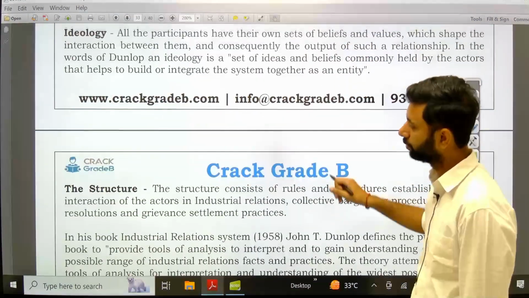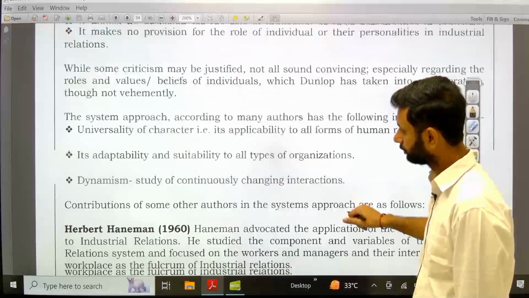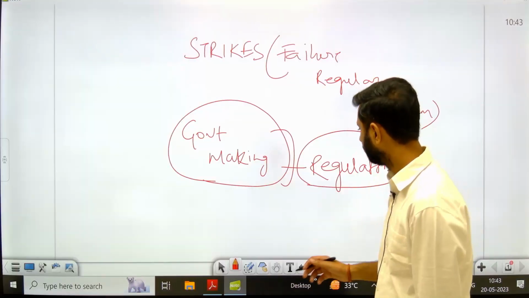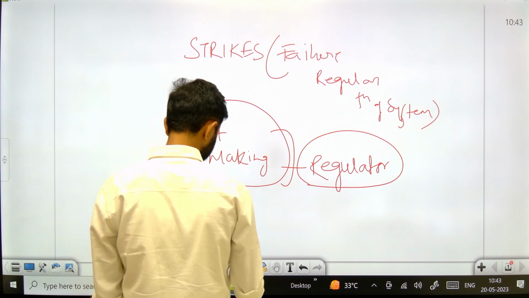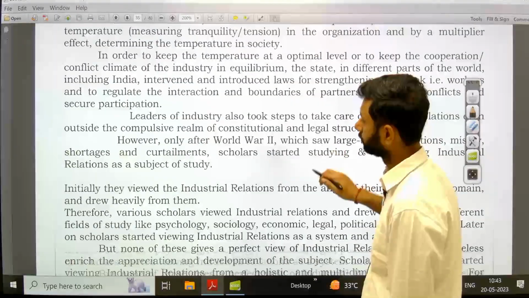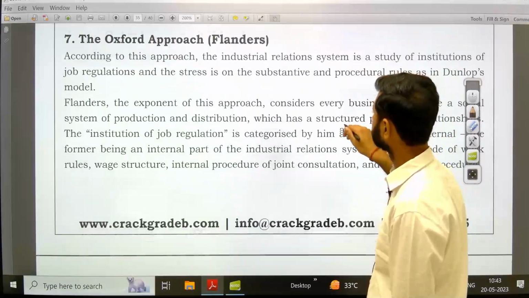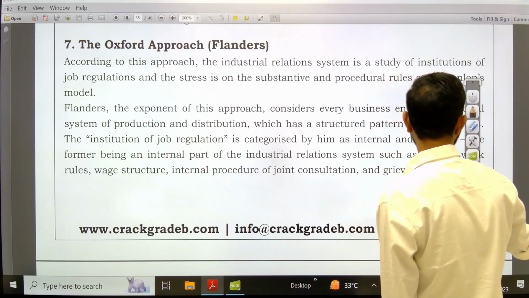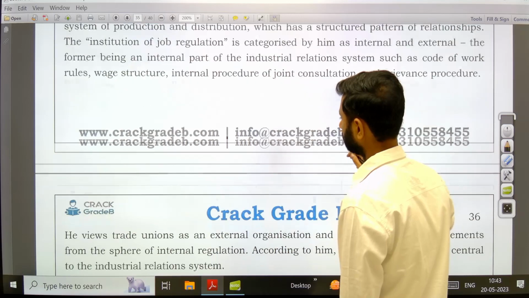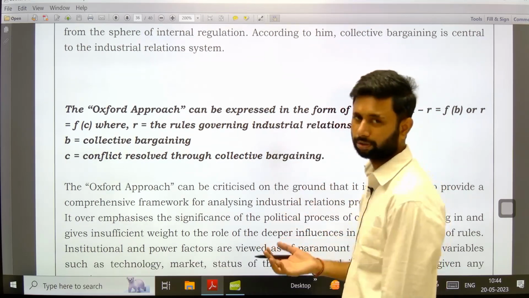We have learned about the actors, the rules, the structure. We'll also talk about the Oxford approach.